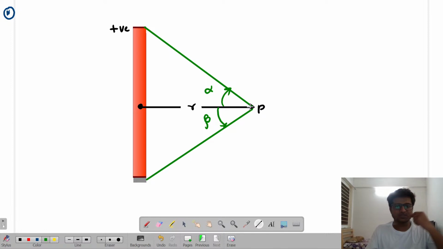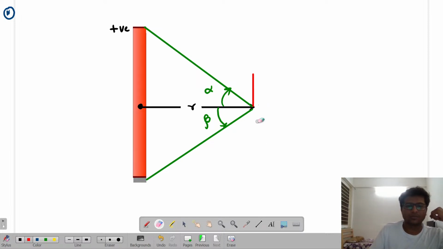Then at this point I'll have two components of electric field, one parallel component and one perpendicular component. Is that clear? Remember, this is my point P.